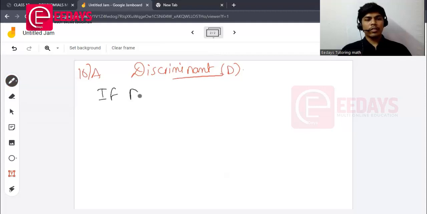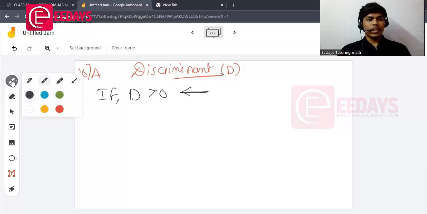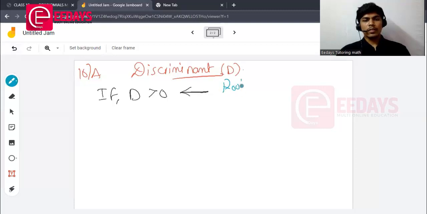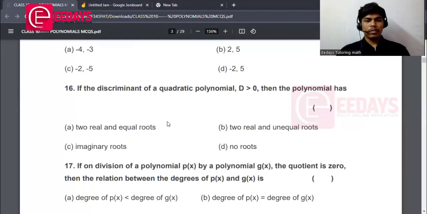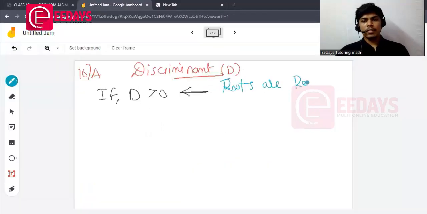If D is greater than 0, the roots are real and unequal.